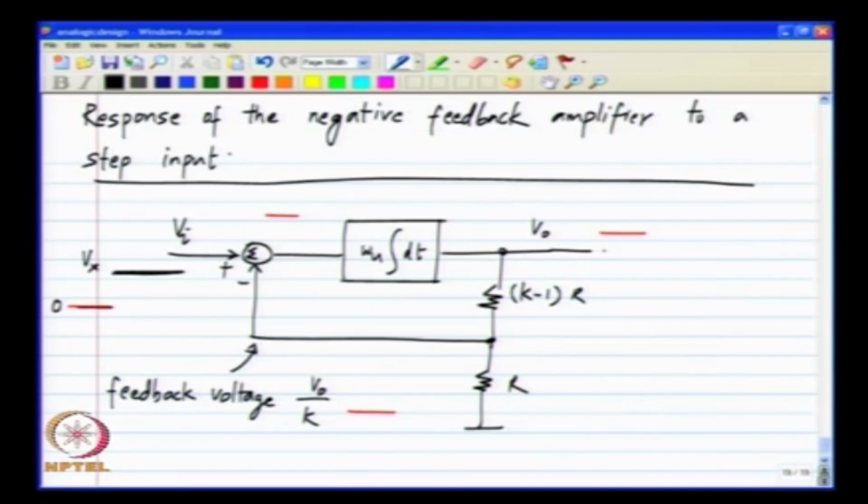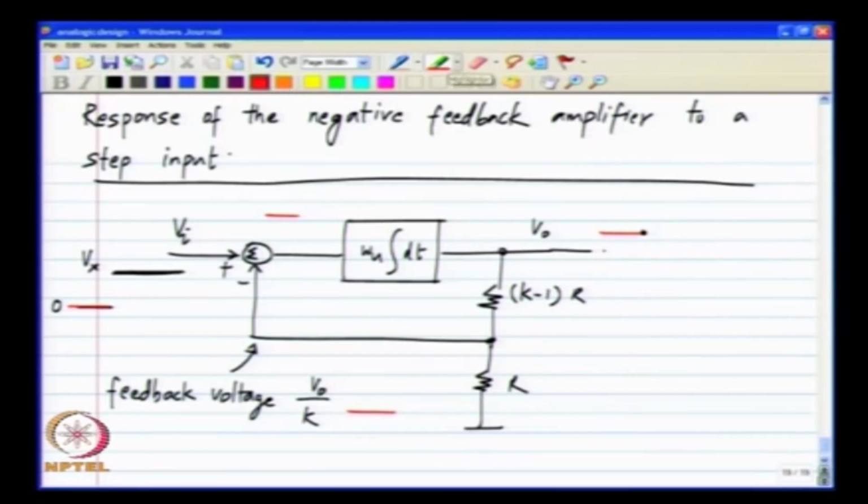There is a step and the output of the integrator cannot change suddenly. So, even after the input step, the output will still be at 0.